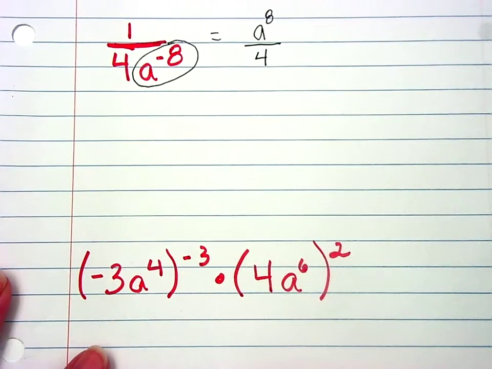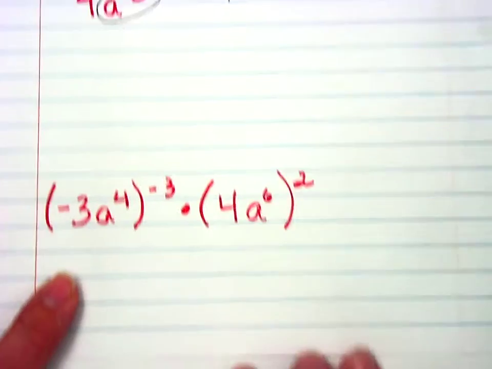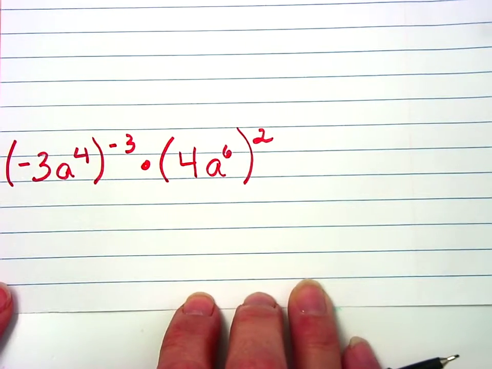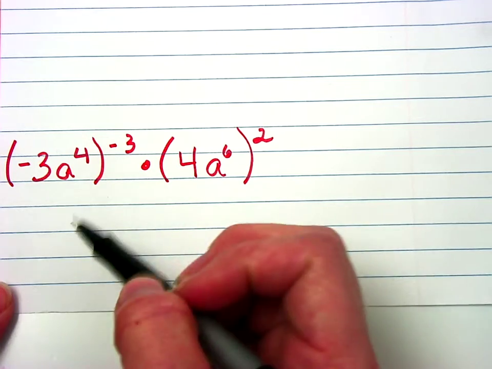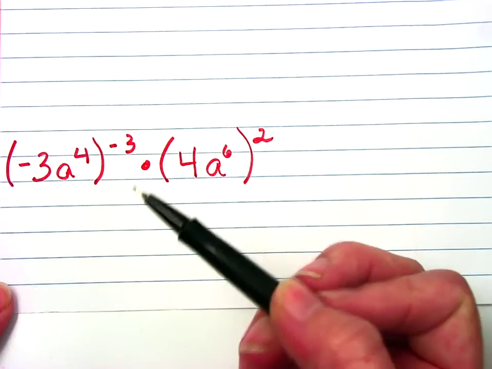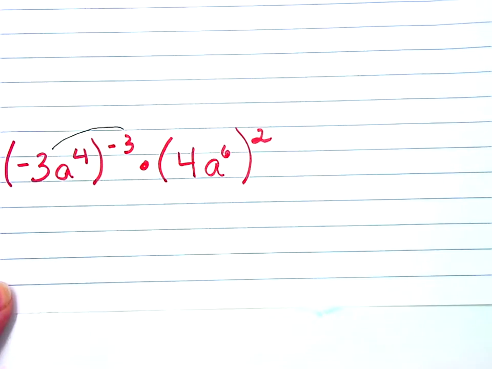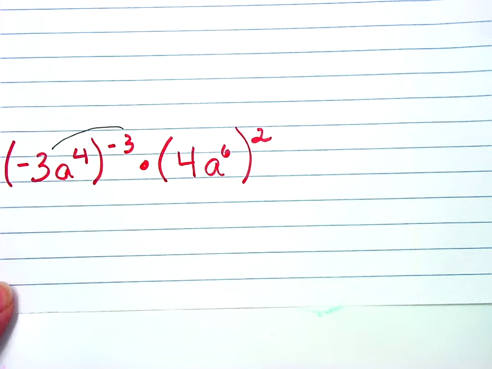Okay, my next problem. Several things going on here. I'm going to take care of anything that I could inside, which I can't, so I'm going to take care of this negative exponent. So I have negative 3 raised to the power of negative 3. Now be careful with that.